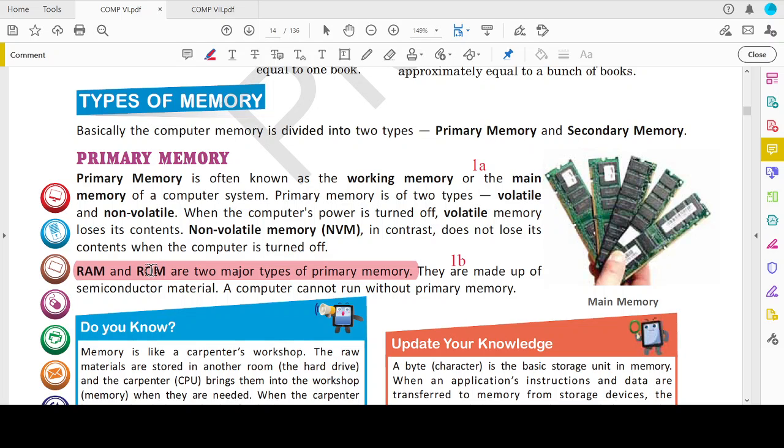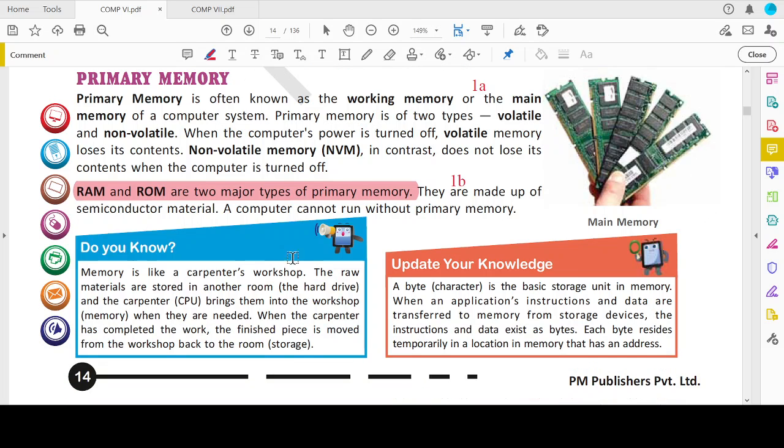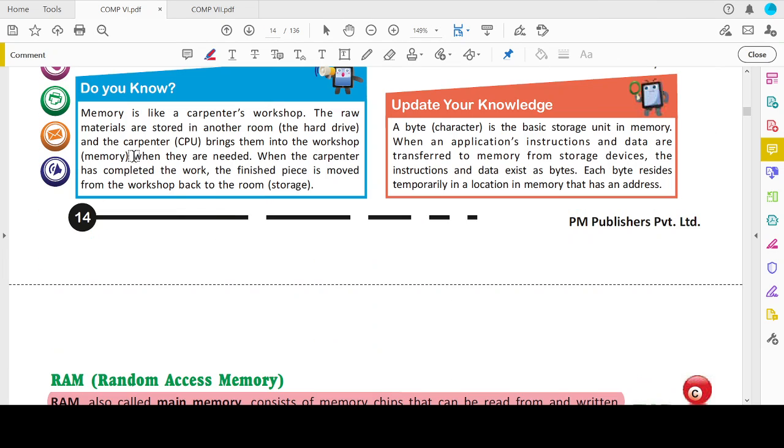Now we will see about different kinds of ROM and RAM in the next tutorial. Okay, here about RAM and ROM, they are both made of semiconductor memory material, and the computer cannot run without a primary memory. Memory is like a carpenter's shop.